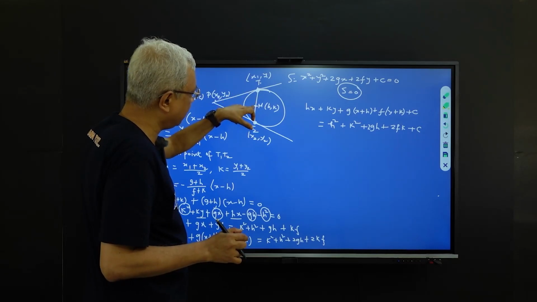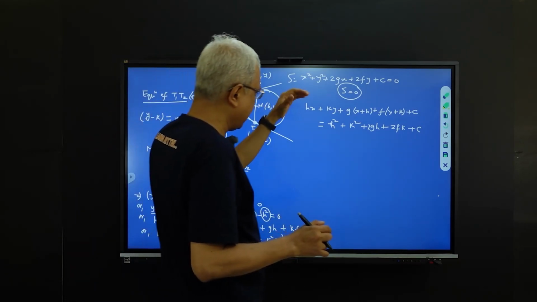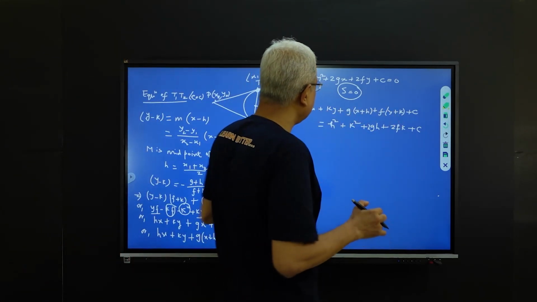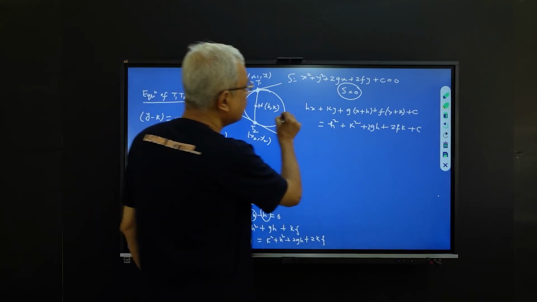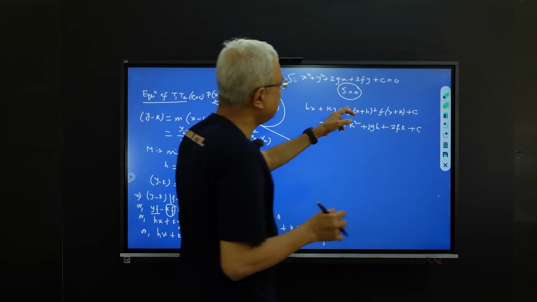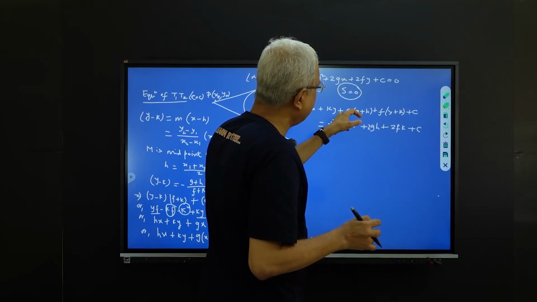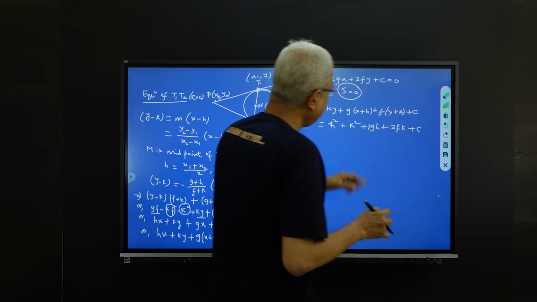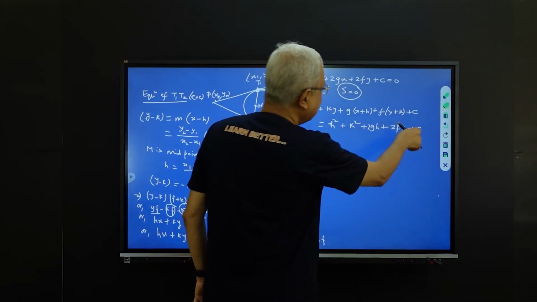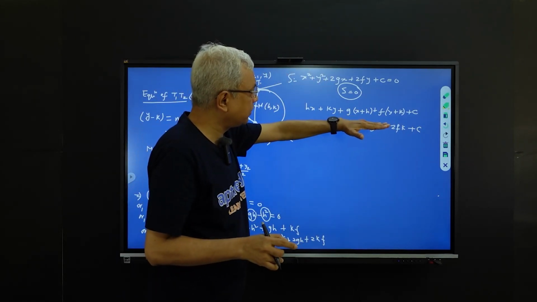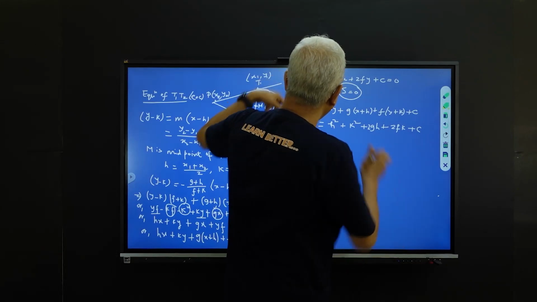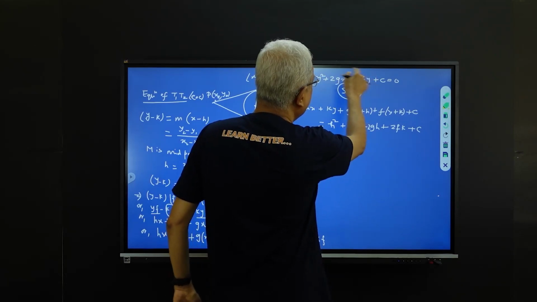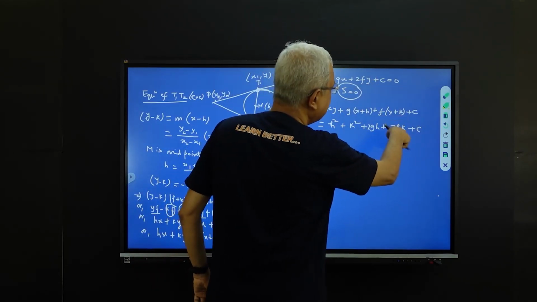Though hk is not lying on the circle, it is interior to the circle, but assuming that hk is lying on the circle, the equation of the tangent to the circle at hk will look like this: hx plus ky plus g, 2x I am replacing by x plus h, 2y I am replacing by y plus k, plus c, and here it is actually the left hand side of the equation of the circle at the point hk, it looks like this.